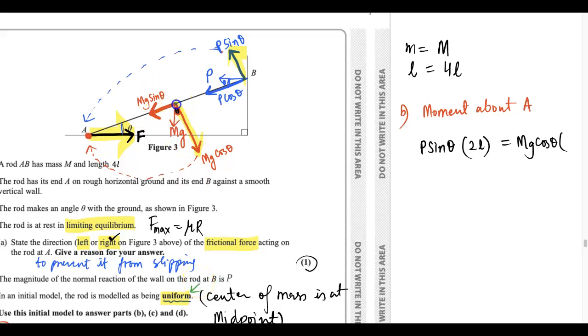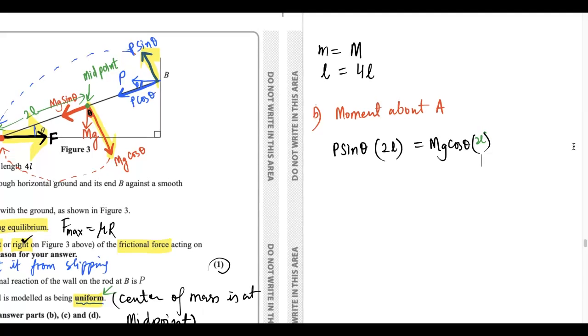That means this point is the midpoint. What is the perpendicular distance? It is 2L, from this point to that point. So we write 2L there.